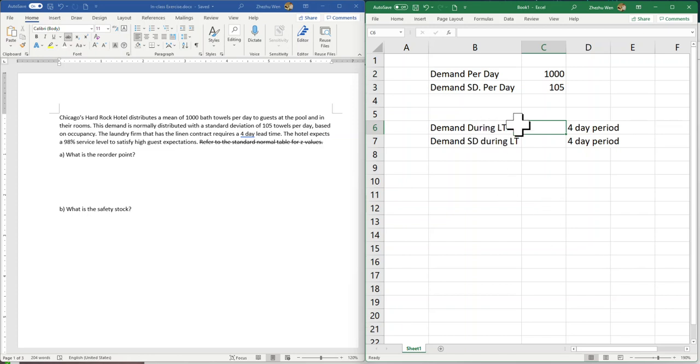The expected demand during lead time is much easier to calculate. You basically multiply it by the number of days. That will give you the average or expected demand during your lead time. What about standard deviation? In this case, you cannot simply multiply it by the number of days.